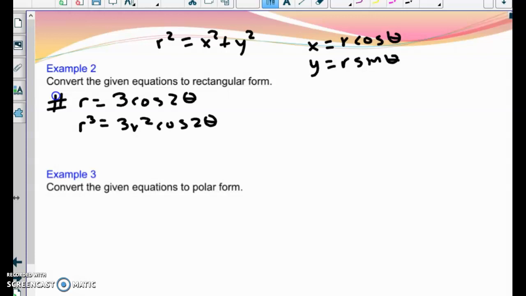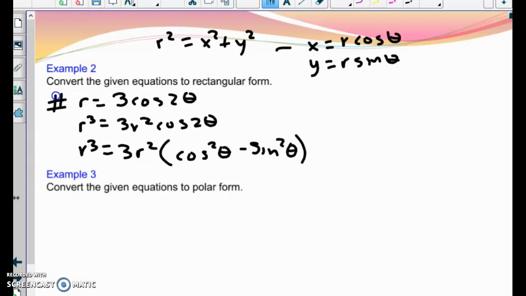And one of them says cosine squared minus sine squared. And that's important because our formulas here with the r cosine and the r sine, that's what we're going to need to do some plugging in.